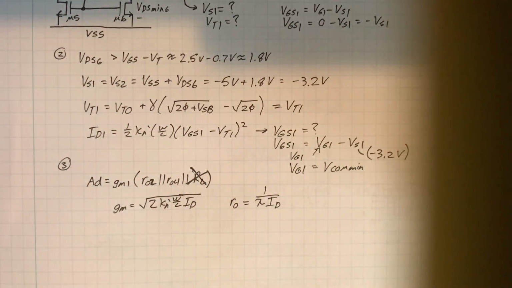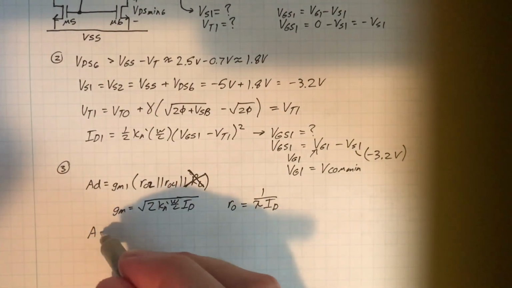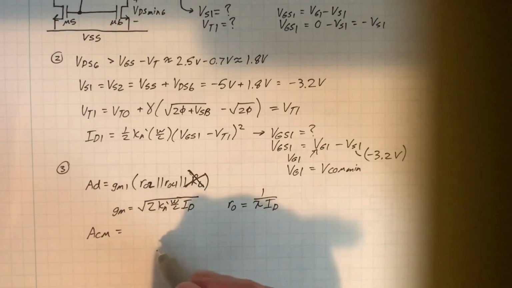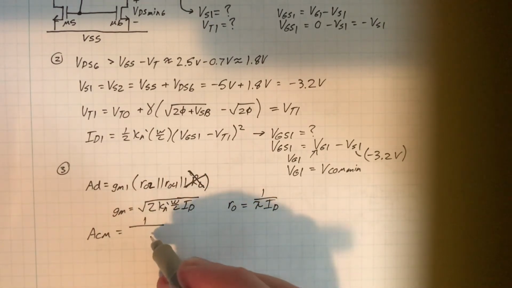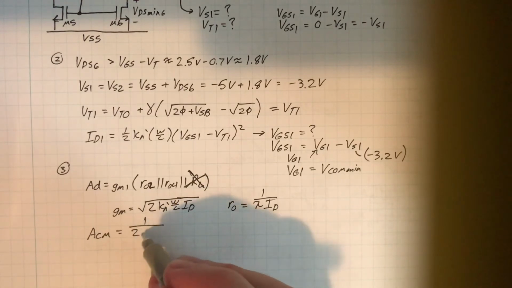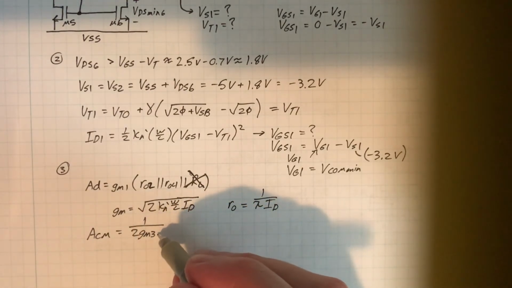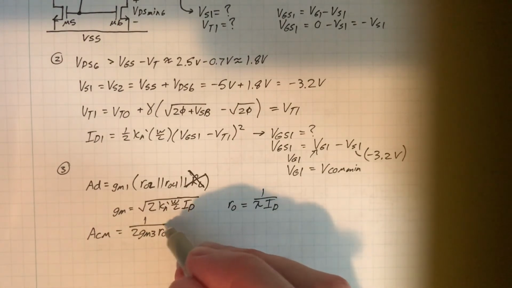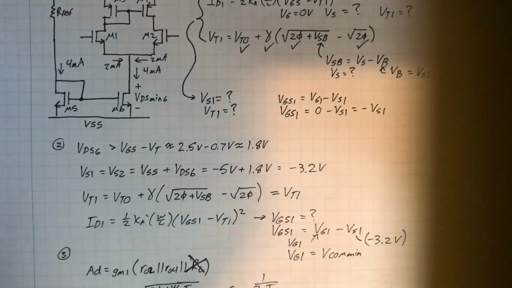The next equation you need is for common mode gain. And that is approximately 1 over 2 GM3 RO6. It's the output resistance of the current source.